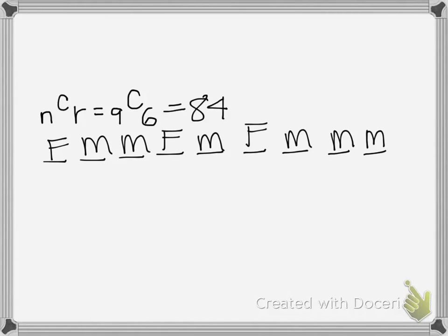What that 84 means is that there are 84 ways to put 6 M's and 3 F's in those 9 blank spaces. So there are 84 ways to do it times the probability of each individual one, which was 0.00252.